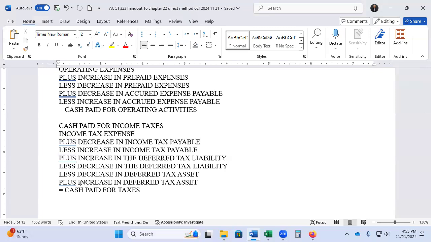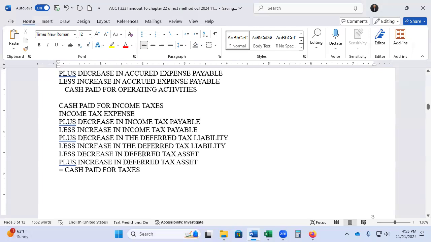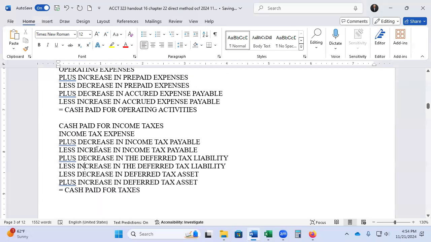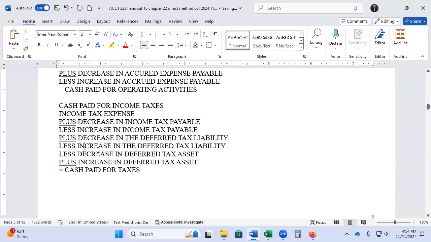Yeah, sorry, you're correct. Decrease. Thank you. Increase. Just correct the deferred tax liability. I misread it. And I don't keep, unfortunately, these in my memory, as you can imagine.